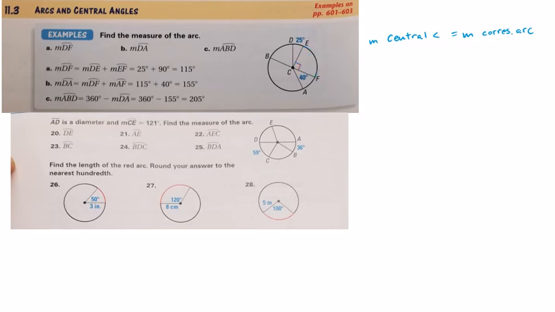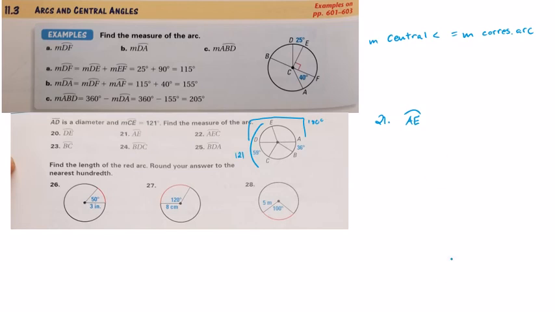Alright, and we're able to add and subtract different arcs in order to find other missing pieces. So looking at 21, I'm trying to find arc AE, and I know that AD is a diameter, which means that total is 180 degrees. I should know that. And the measure of CE is 121.